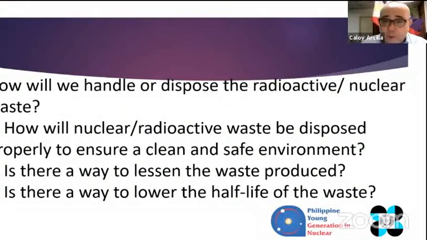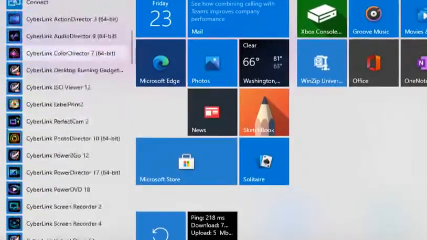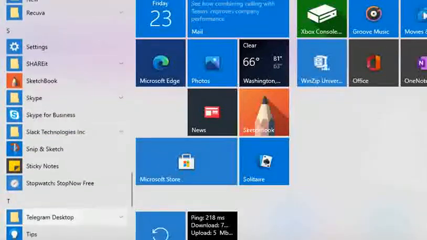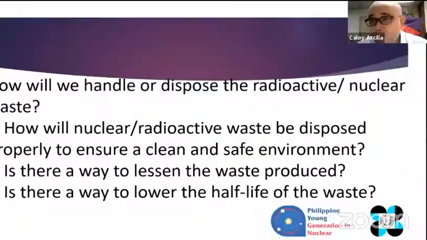Is there a way to lessen the waste produced? If you go down to the waste product itself, there's none. By the way, you are not allowed to throw this away. Dilution is not allowed. Meaning, can you throw it in the ocean? So that it can be diluted?